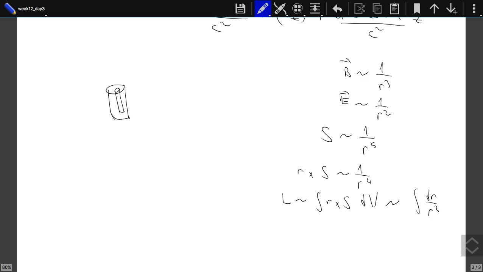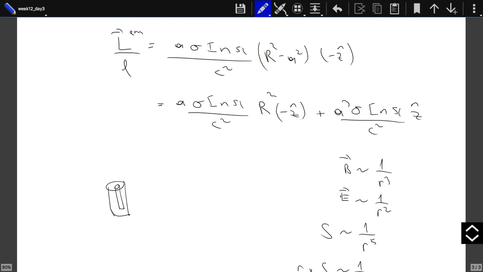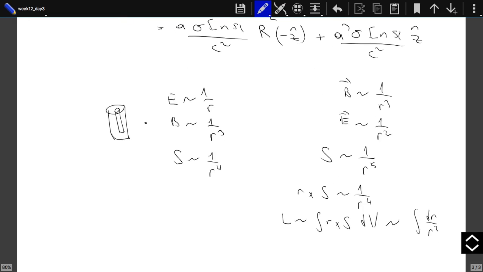On the other extreme, okay, this is the behavior at the faraway point. Now, if you are sufficiently close to the solenoid, well, E field behaves like 1 over r. Let's assume B field still behaves as 1 over r cubed. Then S behaves as 1 over r to the 4.